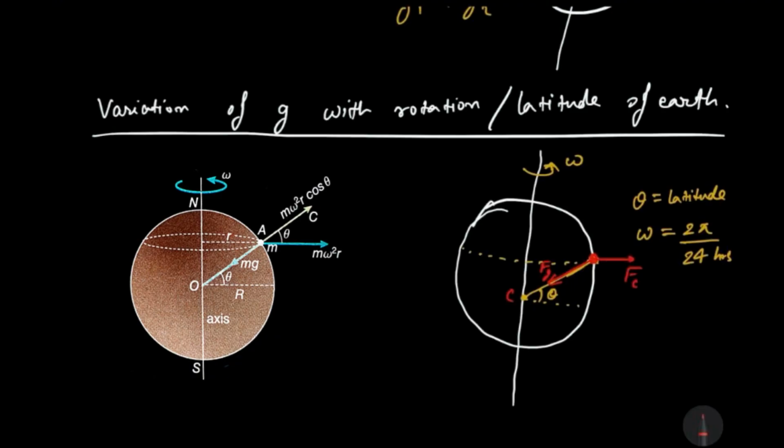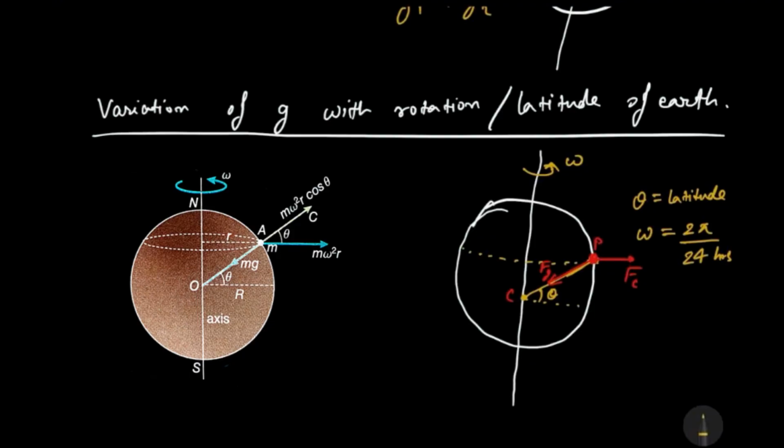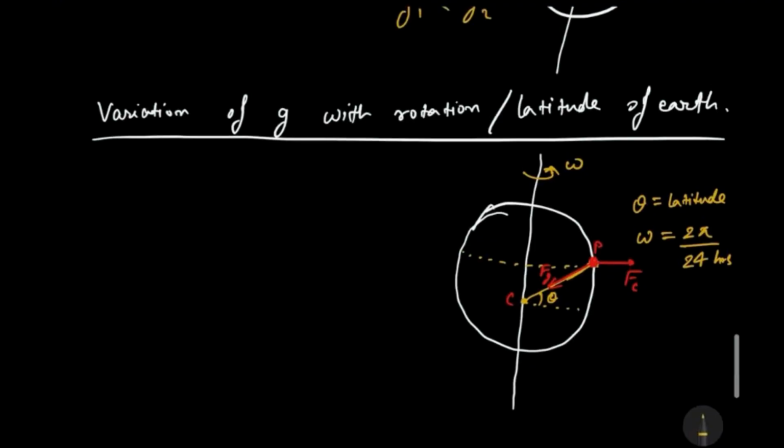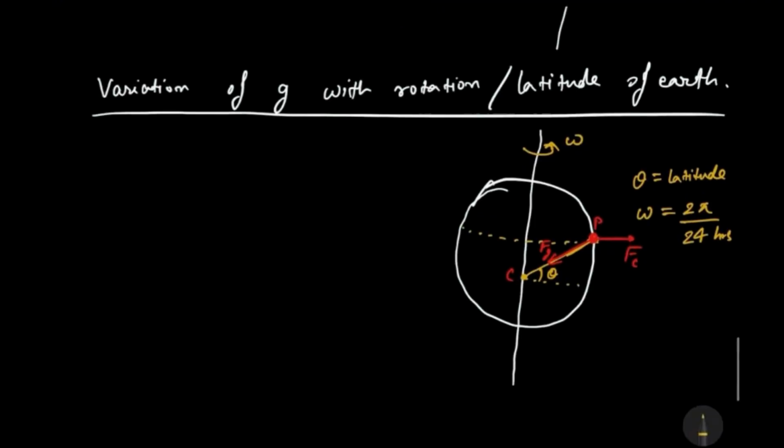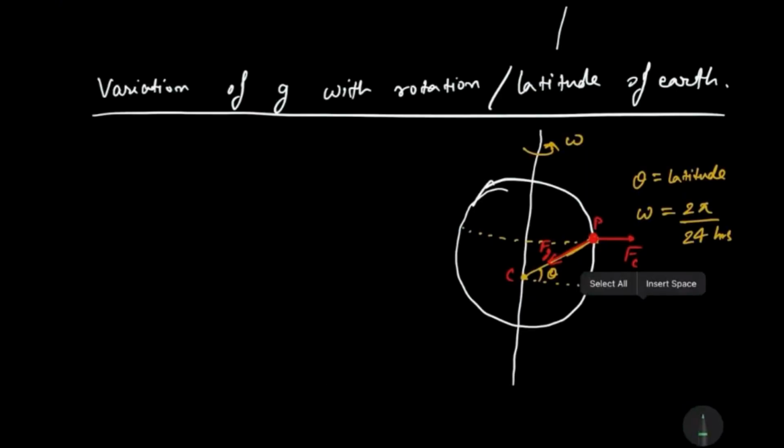So I'm in an inertial frame or a non-inertial frame? Non-inertial. Because I'm moving, right? And I am accelerating with the Earth. You're non-inertial with respect to the Earth. Yes.